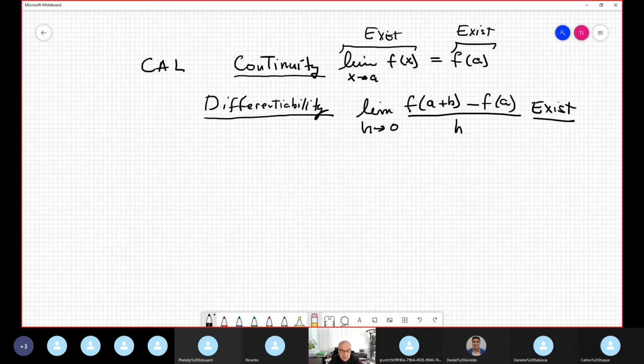Okay, continuity: one function is continuous when you can draw the graph without lifting the pencil from the paper, like that. And it's also continuous, but not differentiable. With differentiable, it's a smooth curve without corners like that, without sharp points, without cusps, without gaps, without holes.